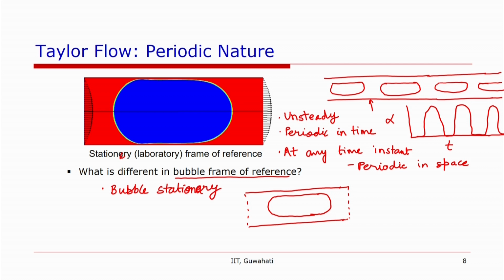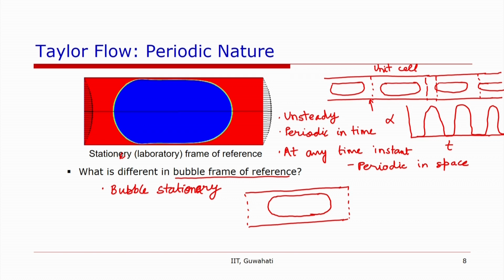Before we describe the periodic flow, because the flow is periodic, we often take one unit cell, and this unit cell is one bubble and one slug. It can be any choice. You can have the boundaries like this, or for convenience one can have the boundaries such that the bubble is in the middle, with one half of the slug at the back and one half of the slug at the front.